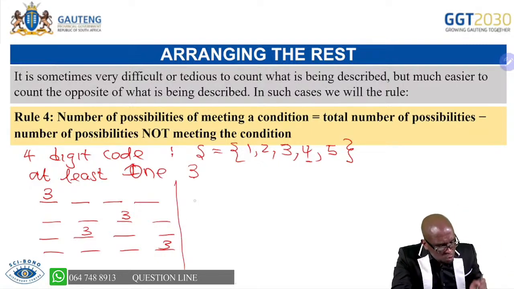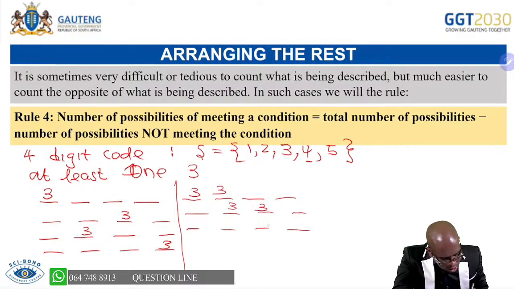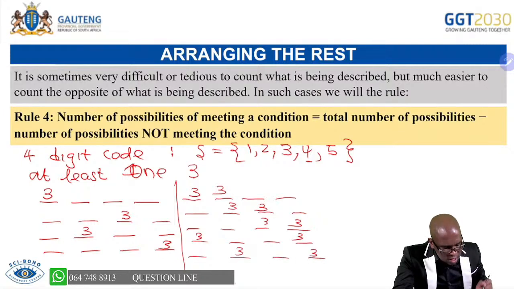However, at least 1 means you can use more. You can use 2 3s in this position, in this position, and in these positions.